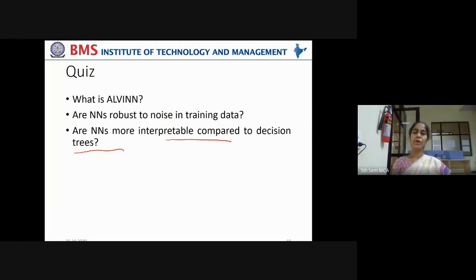Yes, somebody tried to answer. Neural networks are not interpretable when compared to decision trees. In decision trees, you can interpret what is happening, but in neural networks, it is like a black box. You can't see how the processing is taking place. That is why when human interpretability is not an issue, only in that case you have to select neural networks, right?